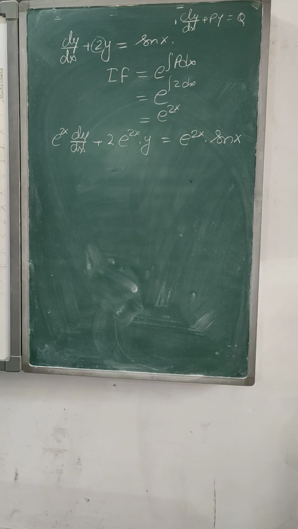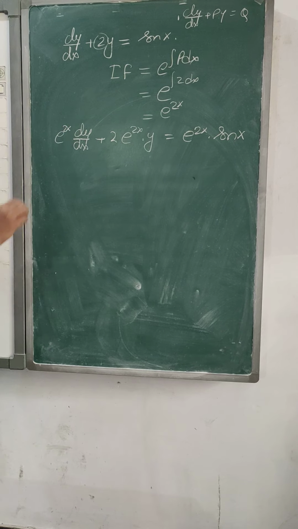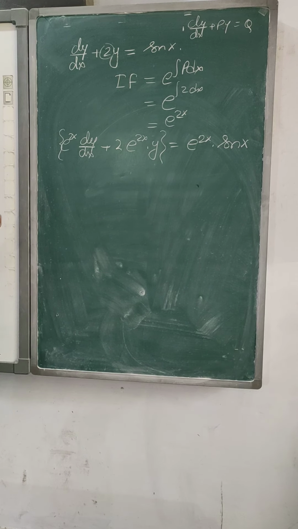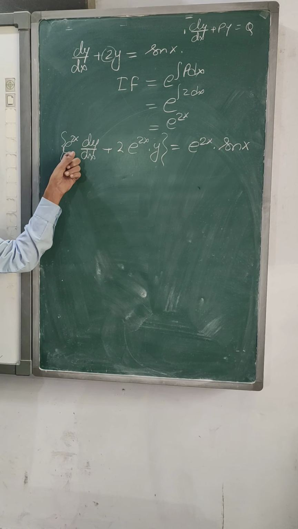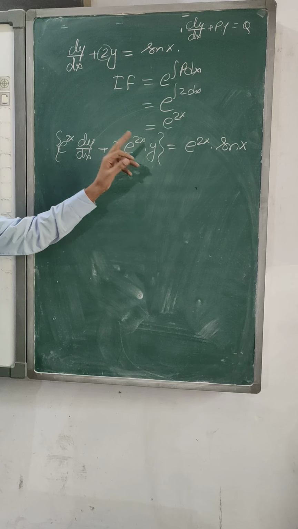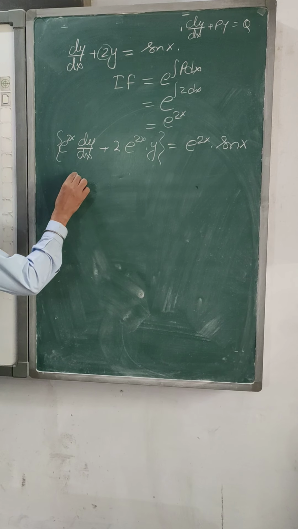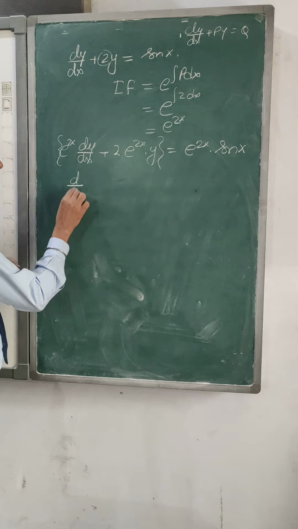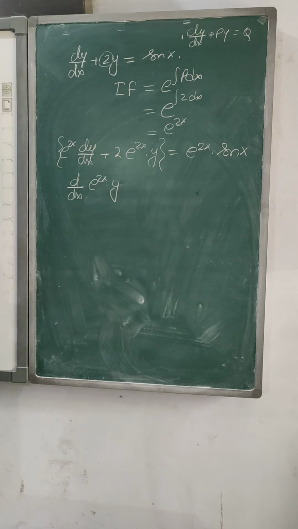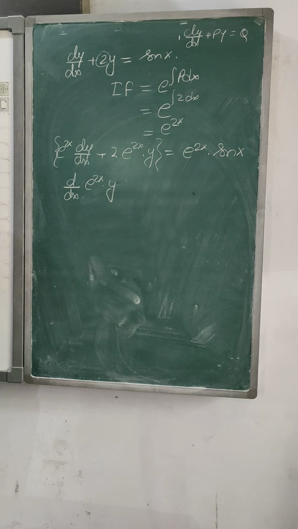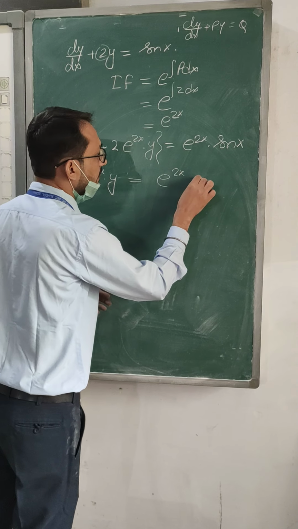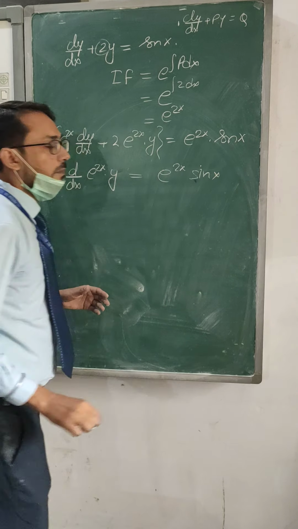Now see on the left hand side what I am able to find. It is first function into differentiation of second plus second function into differentiation of first, which means I could write it as d/dx of IF into y, equals e to the power 2x sin x.